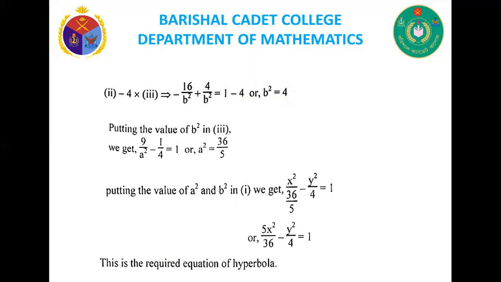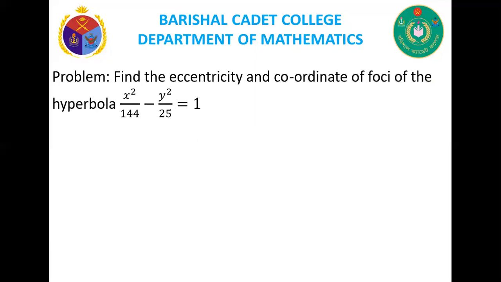Boys, I think you have understood it very well. Then another problem. The problem is, find the eccentricity and coordinates of the foci of the hyperbola x square divided by 144 minus y square divided by 25 equal to 1.